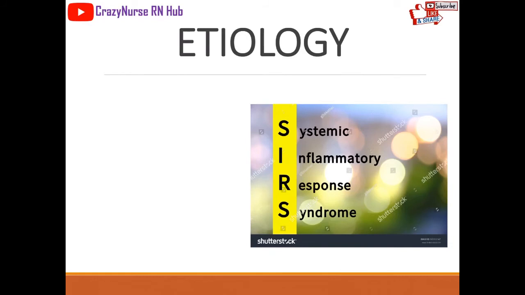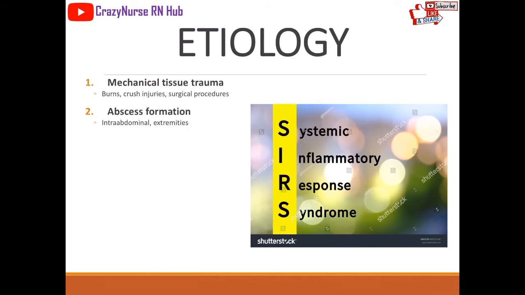Examples include the following. First, we have mechanical tissue trauma from burns, crush injuries, and surgical procedures. Also, we have abscess formation from intra-abdominal and extremities. Also, we have ischemic or necrotic tissue. We have your pancreatitis, vascular disease, and myocardial infarction.